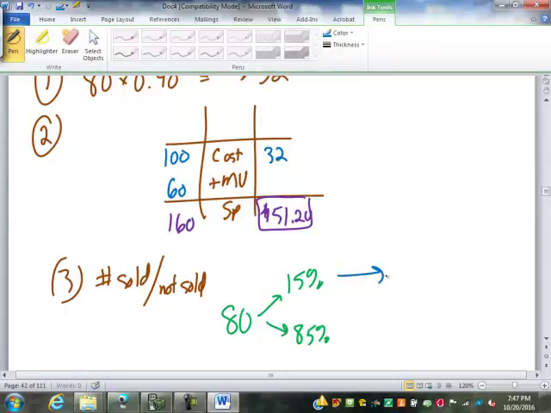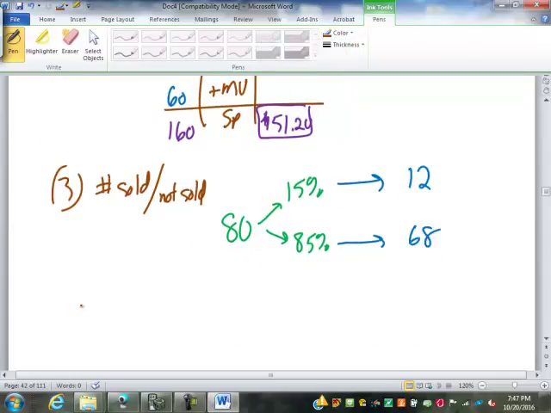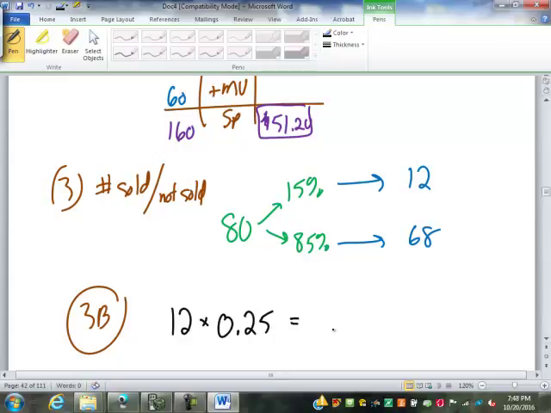So 15% comes out to be 12. 85% is 68, correct? Then what? Recovered dollars. So 12 times 25 cents each is $3.